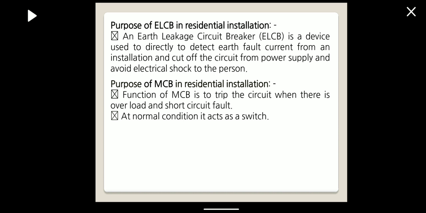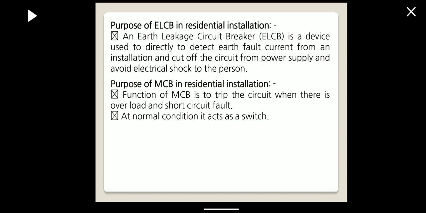It is a device used to detect the earth fault current from an installation and cut off the circuit from the power supply and avoid electrical shock to the person. This is very important to install in a residential installation for protection purposes.